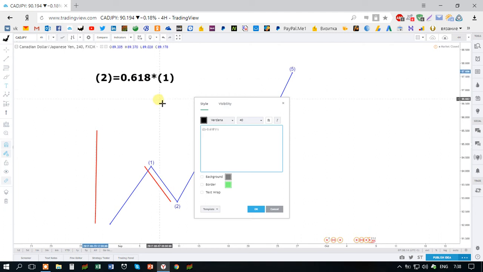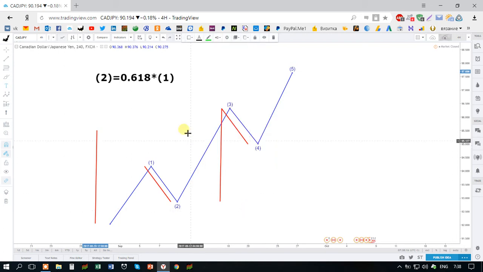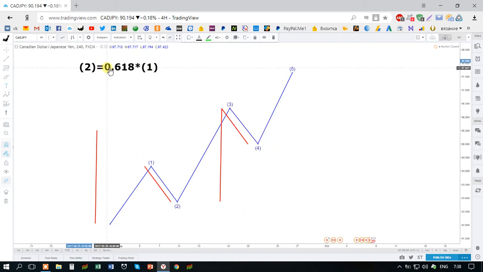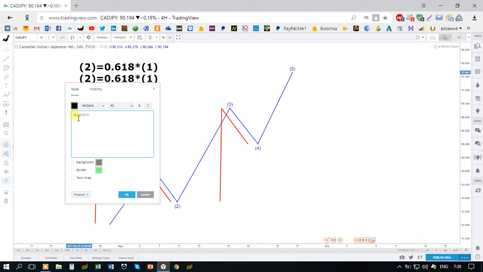Agree? Yes, I would also agree. Okay. Then we have it this way. 3 equals 1.618 multiplied by 1. We only measure the distance.